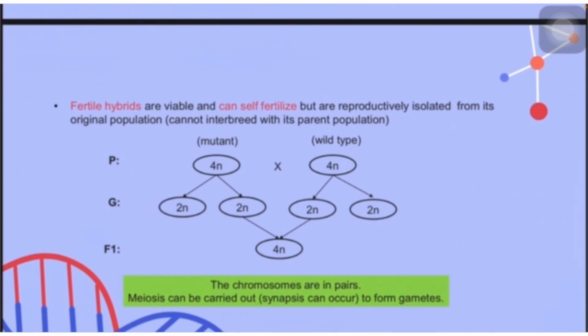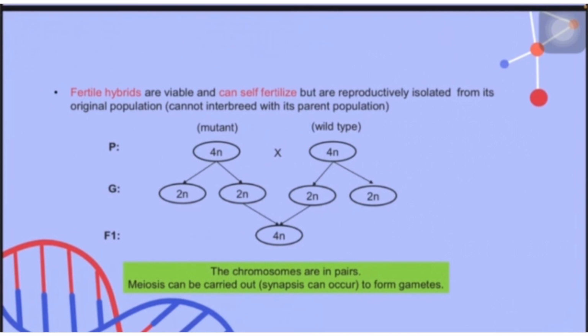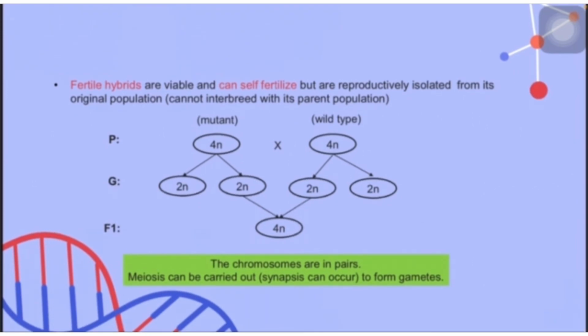Fertile hybrids are viable and can self-fertilize but are reproductively isolated from the original population, which means they cannot interbreed with the parent population. When the mutant is fertilized with a mutant, it will produce 4n, where the chromosomes are in pairs. Meiosis can be carried out, which means synapsis can occur to form gametes.